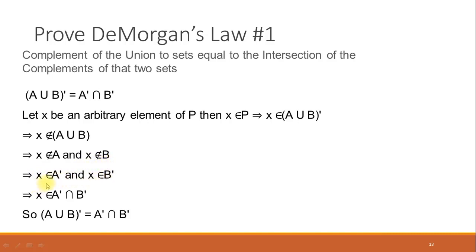So this implies that X belongs to A complement and X belongs to B complement. So since here we considered X belongs to (A union B) whole complement, and in this last step X belongs to A complement intersection B complement. So (A union B) whole complement is equal to A complement intersection B complement.